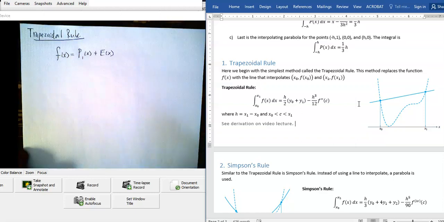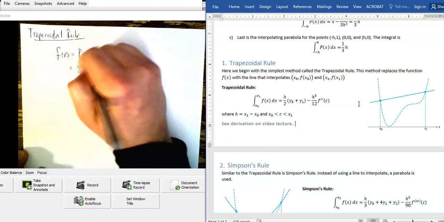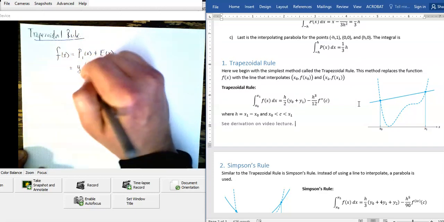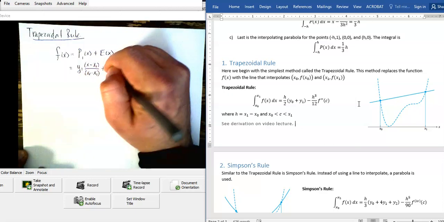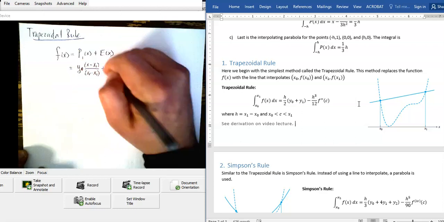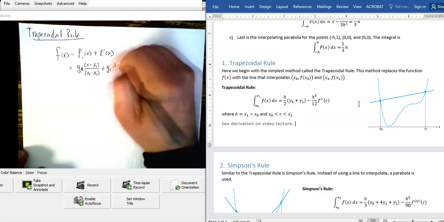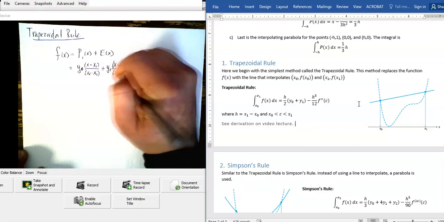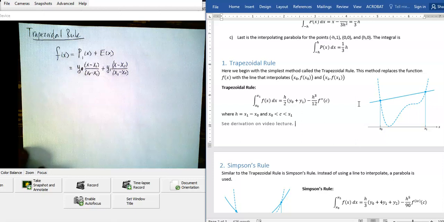Plus some error term. So p1, which we've seen before, is y1 times (x minus x0) over (x1 minus x0), plus, well, let's use y0 here, y0 times (x minus x1) over (x0 minus x1), plus our error term.